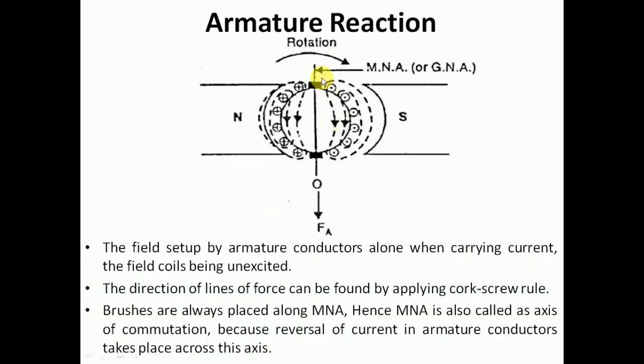Before, we have seen that all those conductors which are towards the left side of the magnetic neutral axis were carrying the current into the conductor, and those which were at the right side of the magnetic neutral axis were carrying the current out of the conductors.